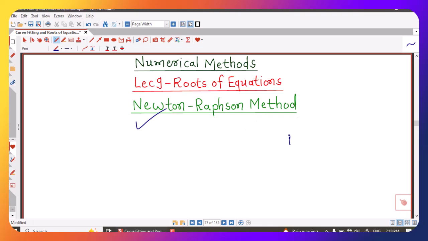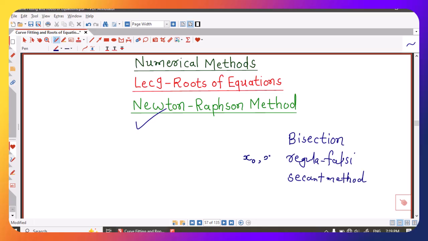Previously we have discussed these methods for finding root of an equation: bisection, regula falsi method or method of false position, and secant method. In all these methods we started with two initial approximations denoted by x0 and x1, and using these approximations we find out the next approximation to the root.